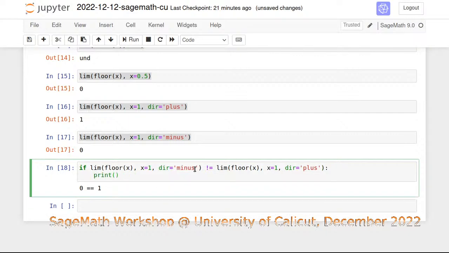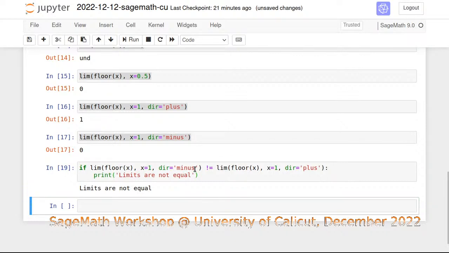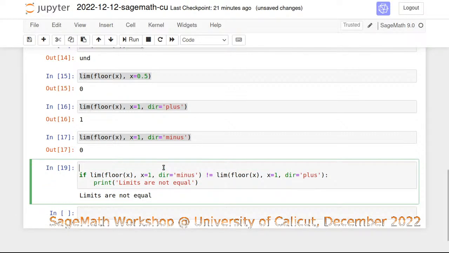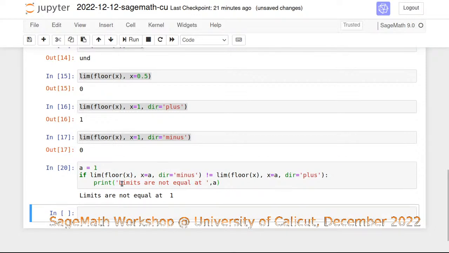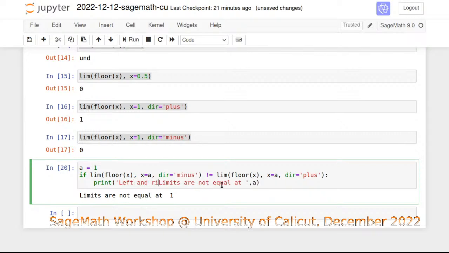limits are not equal. Okay, otherwise we will simply take a to be equal to 1 and we will evaluate it at a, not equal at a, not even to be exact, like left and right limits are not equal at a.